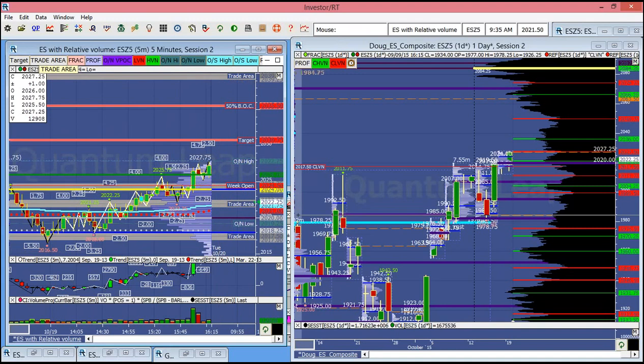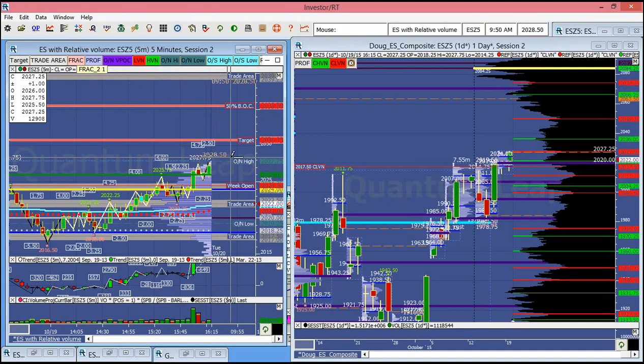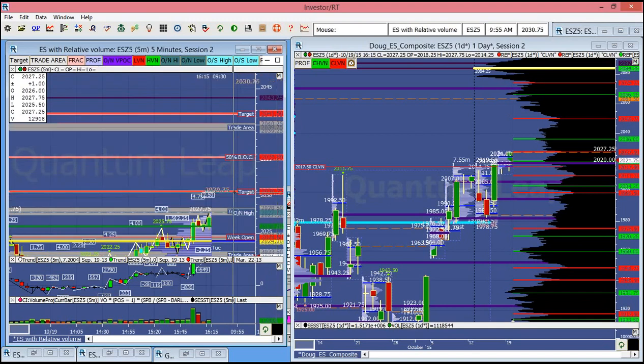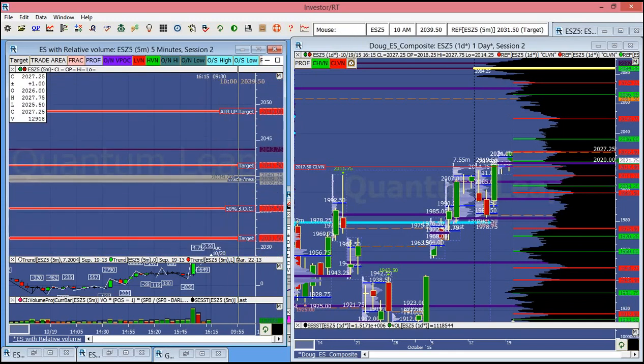We get above the week open, then I'm looking for them to take out the naked close at 27 and a quarter, and of course a break of 28 takes us up into all our higher numbers we were talking about. First one is 31.50, the 50% of the breakout candle. 39.75, some resistance there.